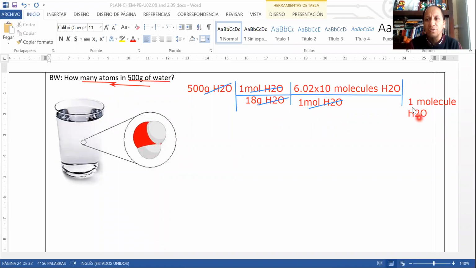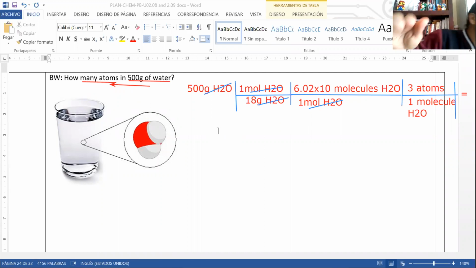You see, 2 hydrogens and 1 oxygen in total. In 1 single molecule, you're going to have 3 atoms. And that's it. Then you write and close your conversion factor, and after that write it with equals.